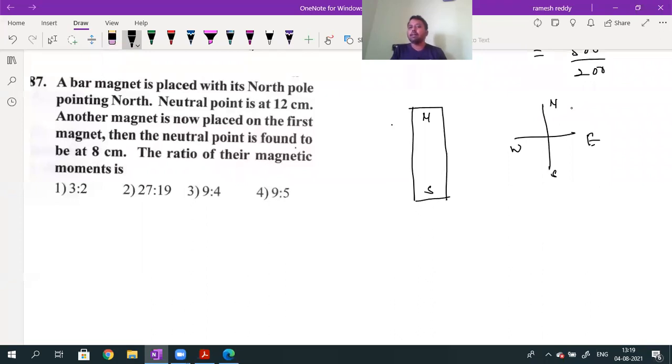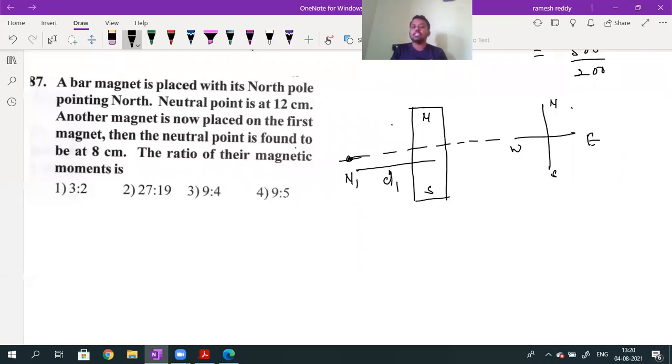The null point will be obtained on the equatorial line. Let me call this null point N1. If I call the distance of this null point from the center D, the initial distance I will call D1.